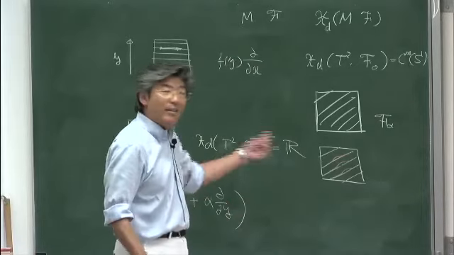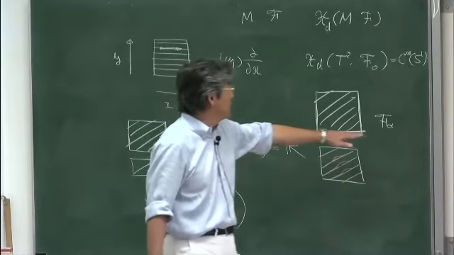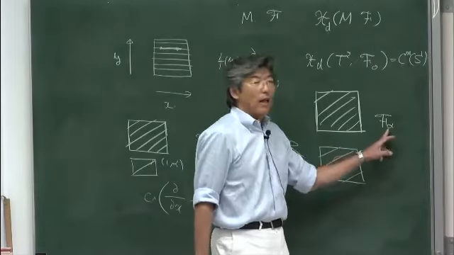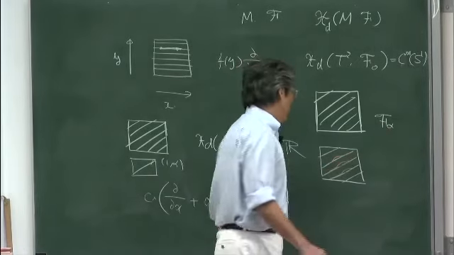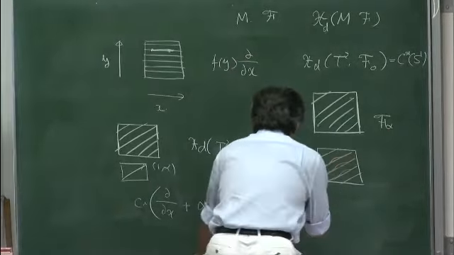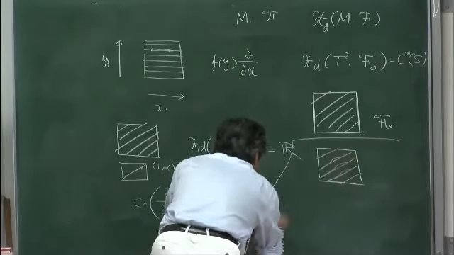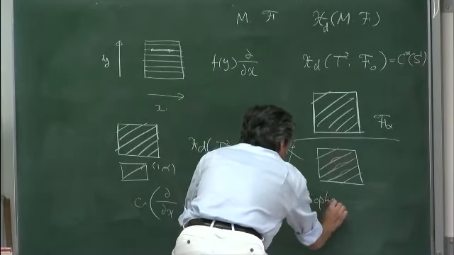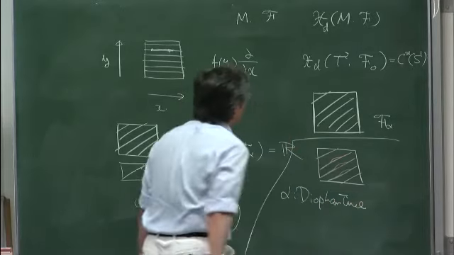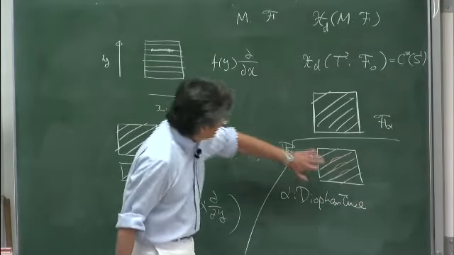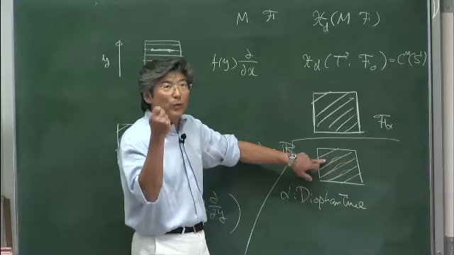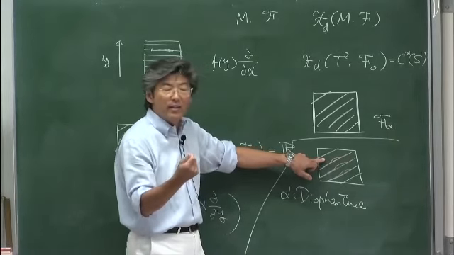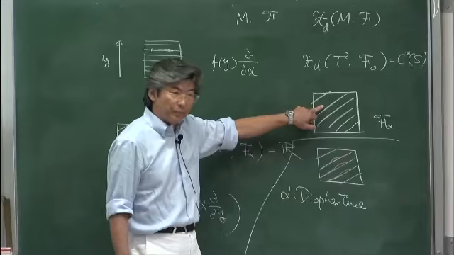Okay. In this case, what happens with irrational foliation? It depends on alpha. If alpha is Diophantine, then this one, with the volume form, is very diffeomorphically equivalent to the original one.